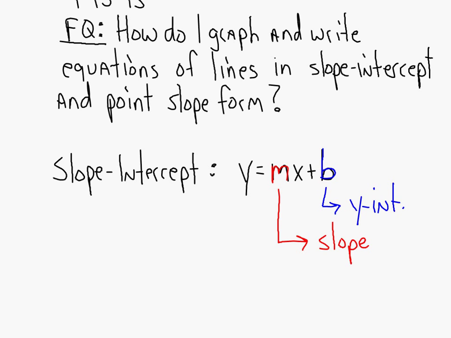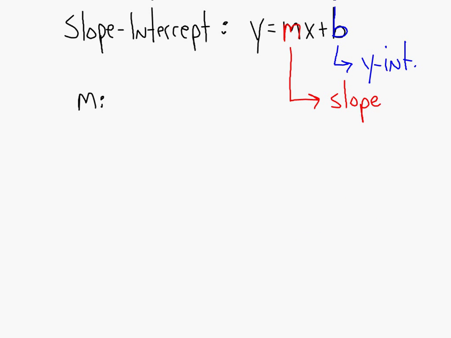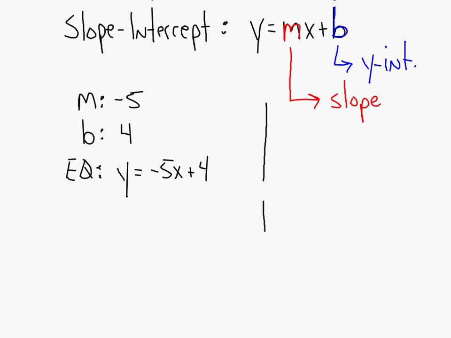So if you're given your m is -5 and your b is 4, then your equation is going to be y equals -5x plus 4. Your graph, all you need to do for your graph, guys, is just draw an xy axis.